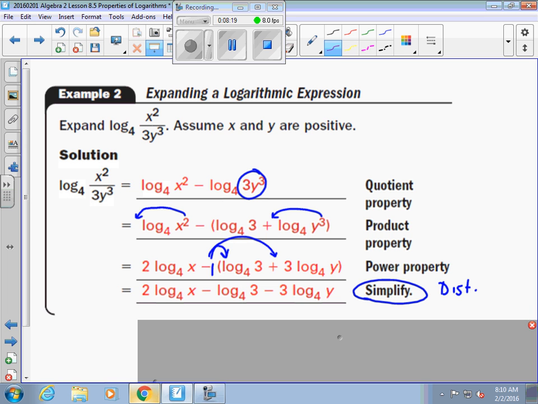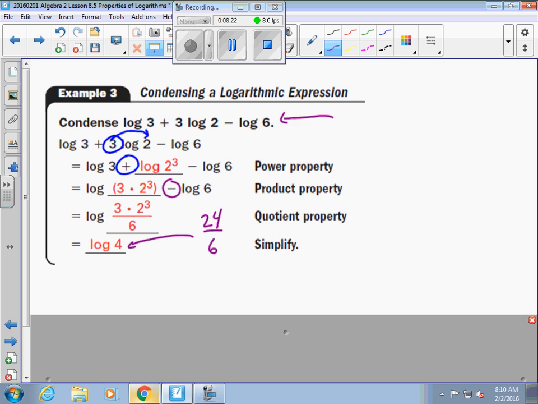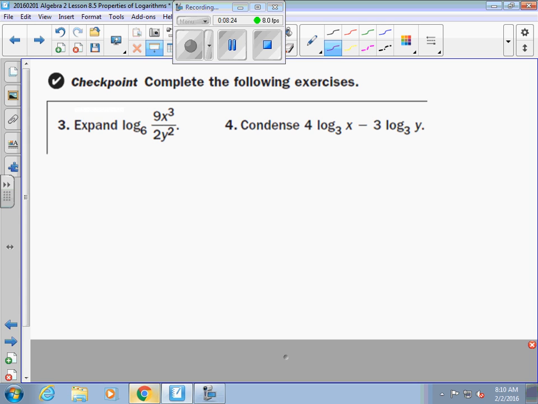Then we did the power property last. So it's backwards of what we just did for condensing them. So the first thing you want to do is separate it, make it look like this: the log base 6 of 9x to the third minus the log base 6 of 2y squared.